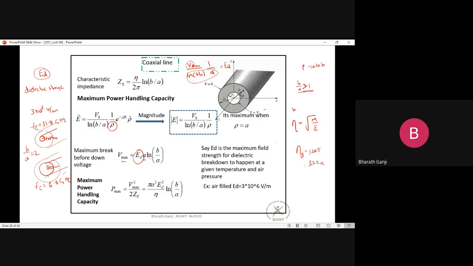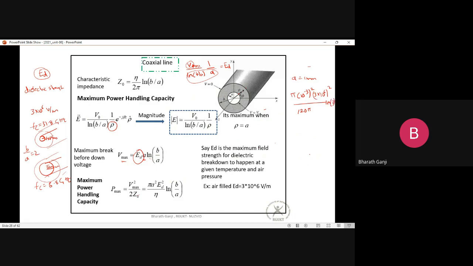So if it is 2 in both cases, let me try to find which one has the good power handling capability compared to the other one, right? So for the A equal to 1 mm case, it is pi. Let us take it as air filled, so 1 mm square, so it is 10 to the power of minus 3 whole square, and let me take ED as, since it is air filled, 3 into 10 to the power of 6 whole square, divided by, because it's air filled, it is 120 pi, and ln of B by A is taken as 2.